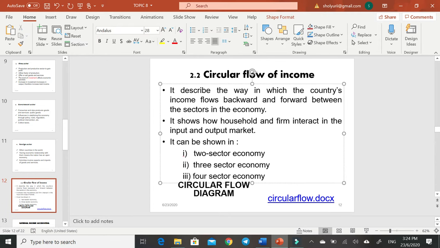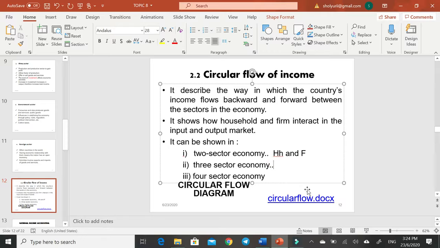So when it says two sectors economy, it means that we have only the interaction between two sectors, which is household and firm. Hopefully you still remember the short form.